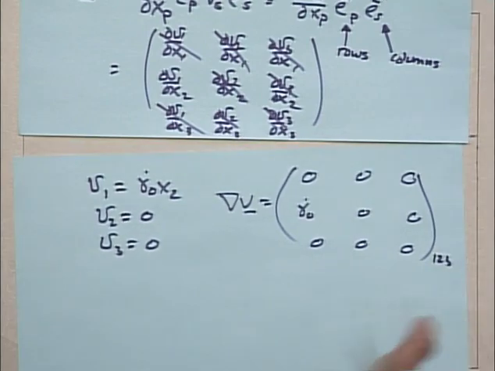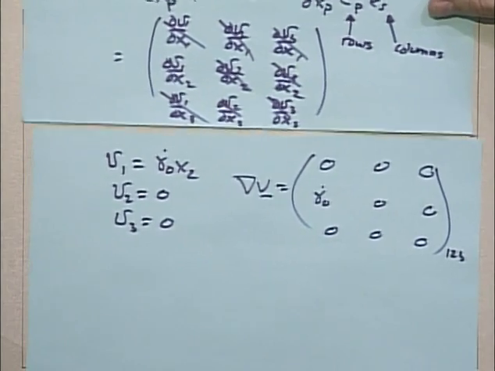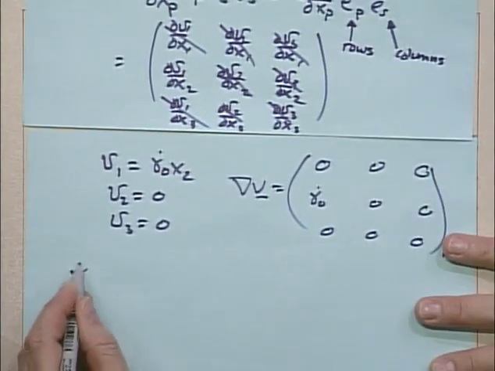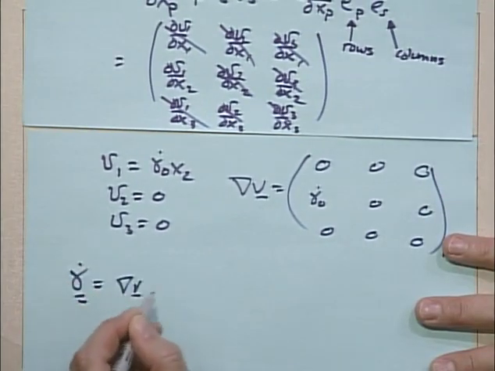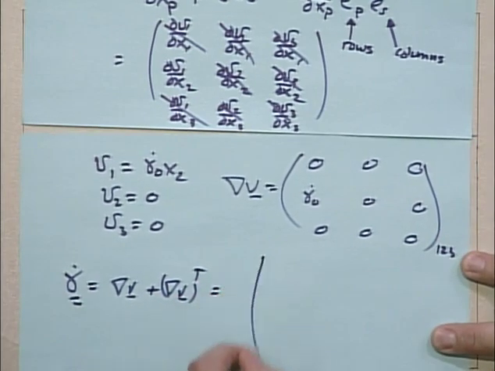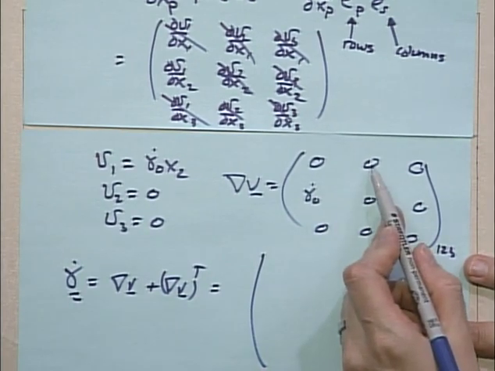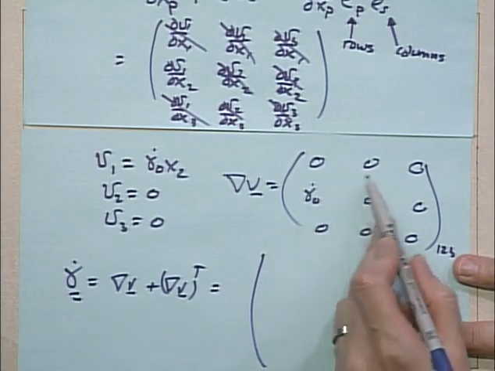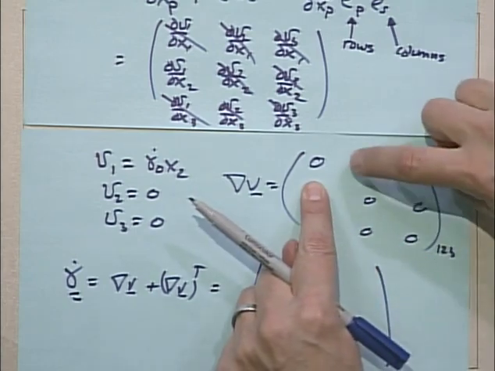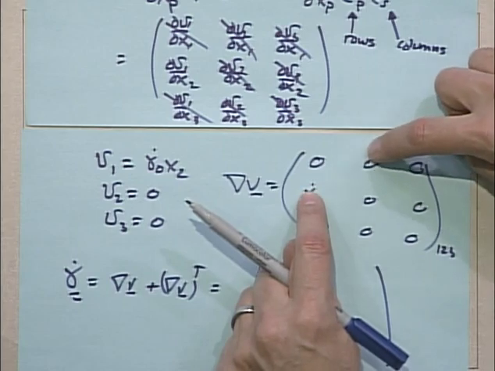Right? That's all we're doing. What's del v plus del v transpose? Right, gamma dot naught also in the 1, 2 position, because when we transpose, we get a gamma dot naught here and everywhere else is 0, and when we add the two together, we get them in both positions.